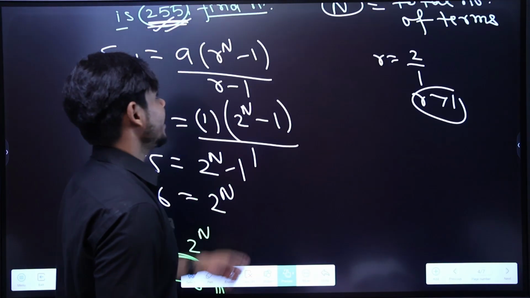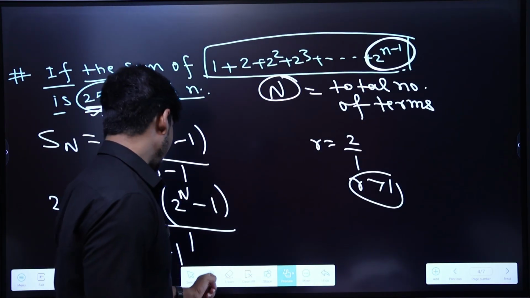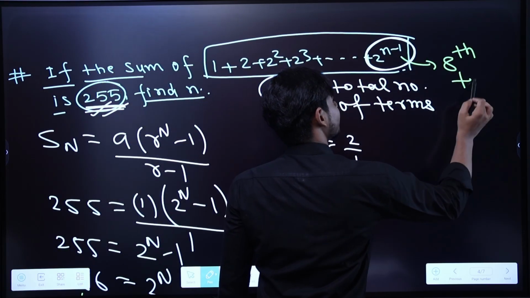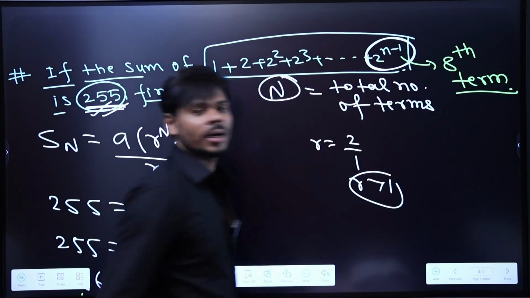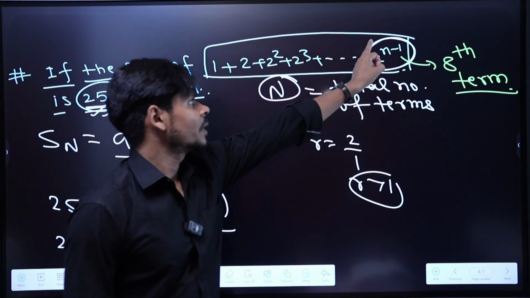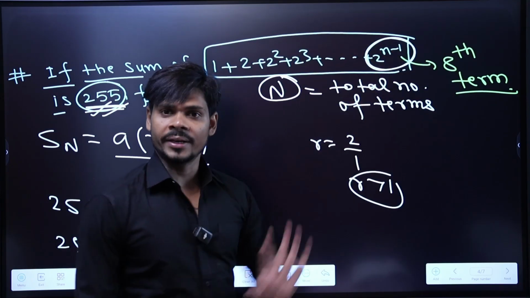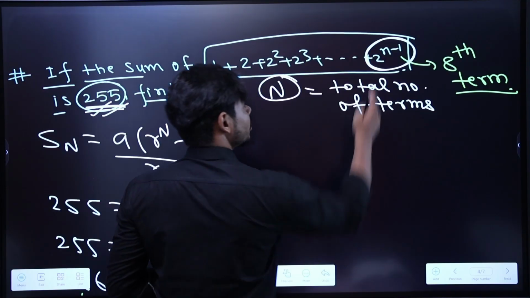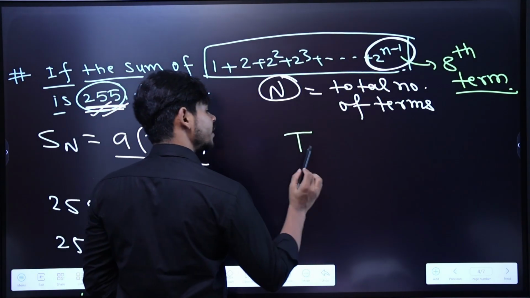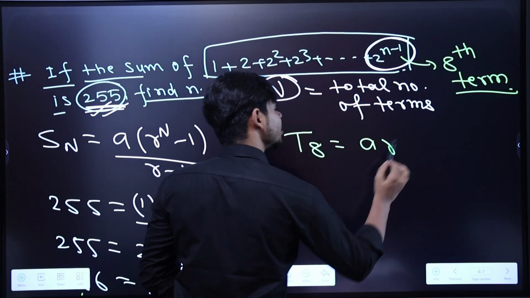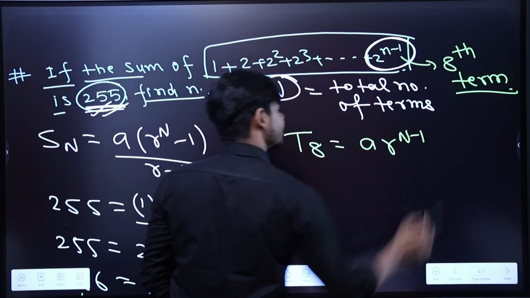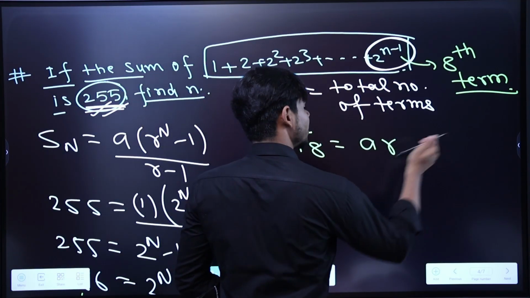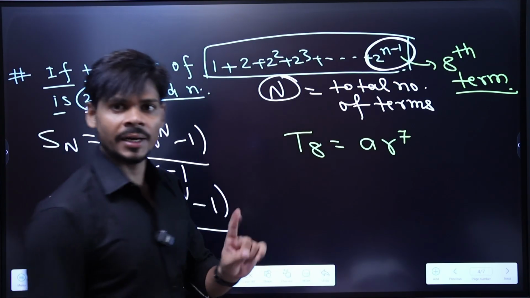Okay, fine. So I am sure that this is your 8th term, because there are a total of 8 terms in this GP. Now I need to find the value of small n. If I know that this one is your 8th term, and we already know that term number 8 is nothing but a r raised to power N minus 1, where N is the total number of terms, 8, so 8 minus 1 gives 7.